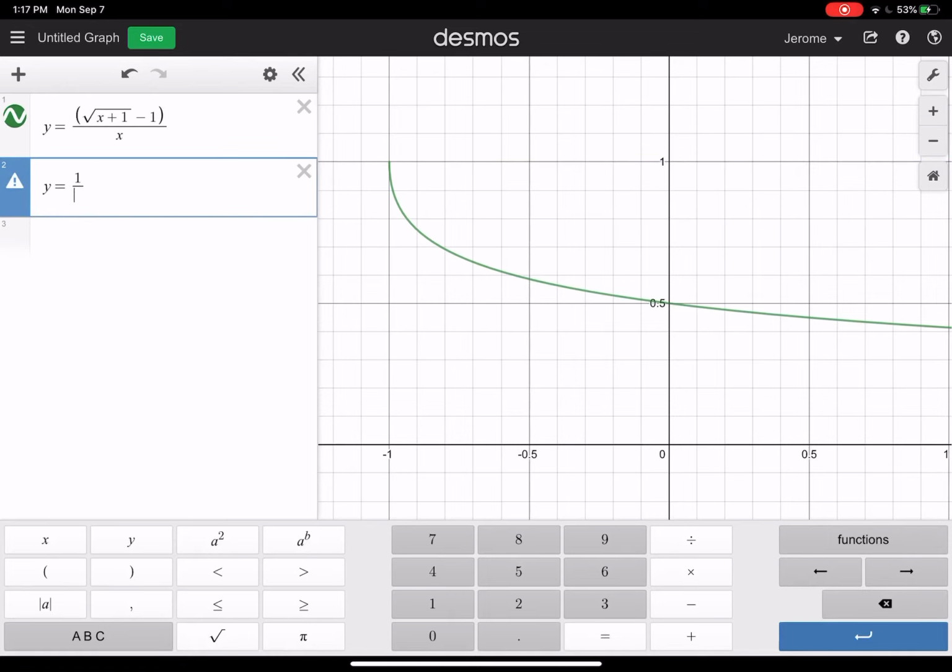I'm going to take a chance here and make this parentheses square root x plus 1, arrow out of it, and then plus 1. Boom. So you can see that purple graph directly overlapped the green graph because they agree at all but one point, and that one point was the hole that we just tried to fill in.